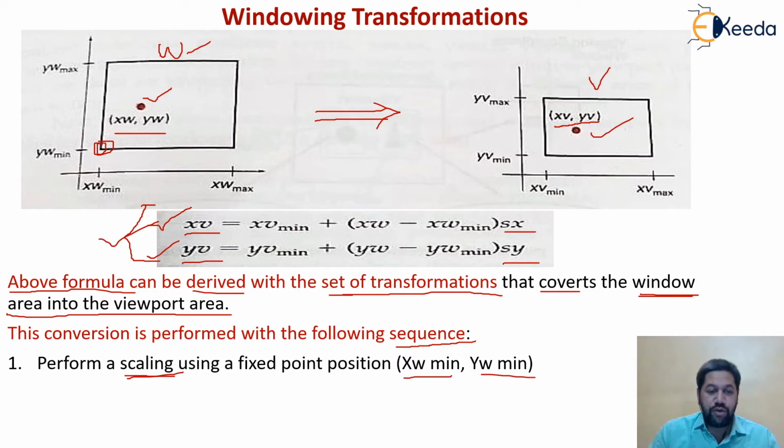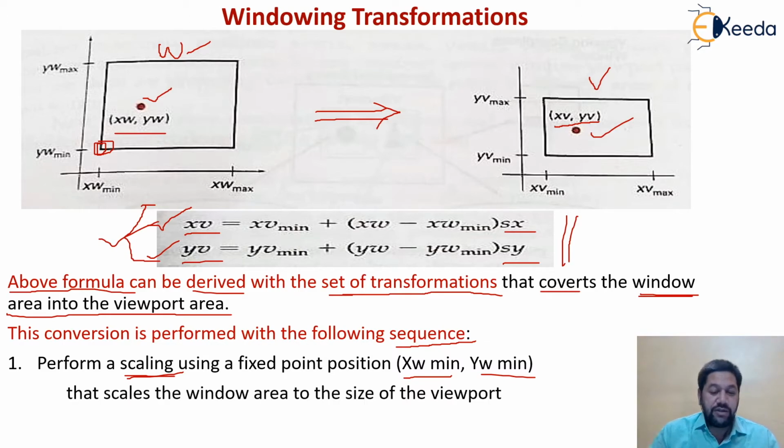I can achieve this formula using this sequence. I perform the fixed point scaling, and then step number two. This scaling, about xw minimum and yw minimum, scales the window area to the size of the viewport.